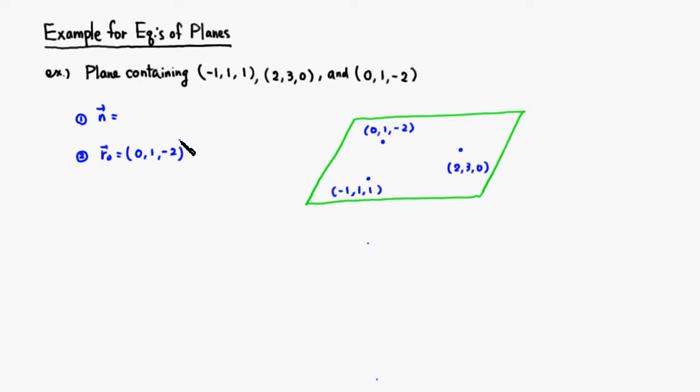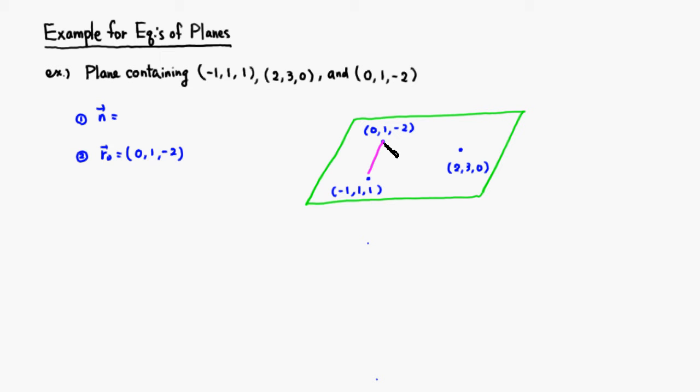Alright, then all we need is the normal vector. So let's try to find it. We can think of 2 vectors coming out of (0, 1, -2).